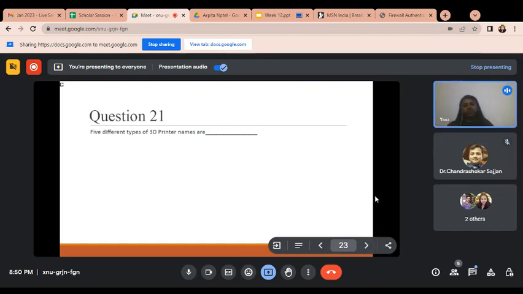Name five different types of 3D printing. One is material jetting or printer name. Okay, fused deposition modeling. Okay. Metal jetting. Okay.